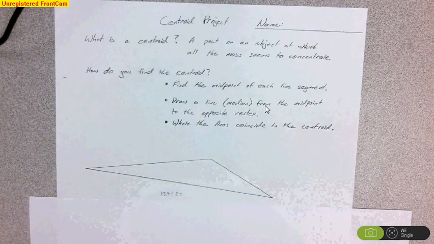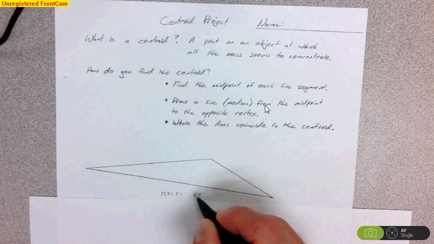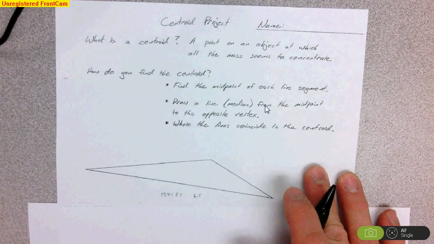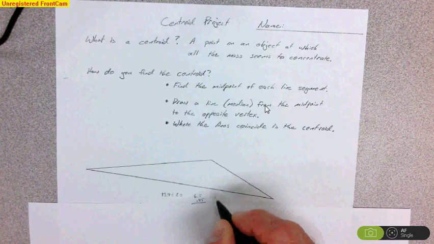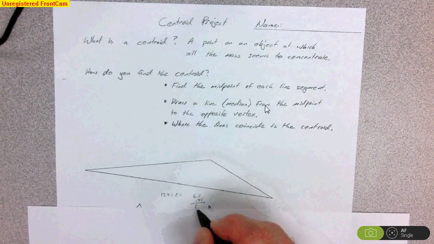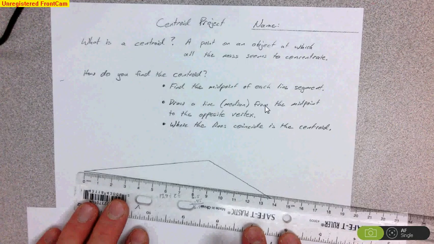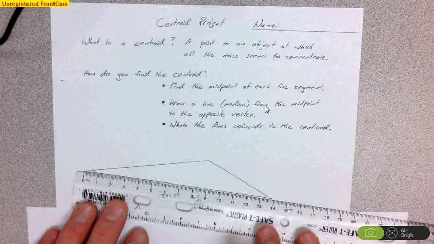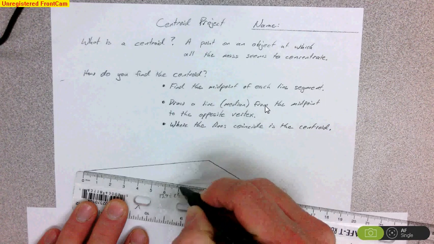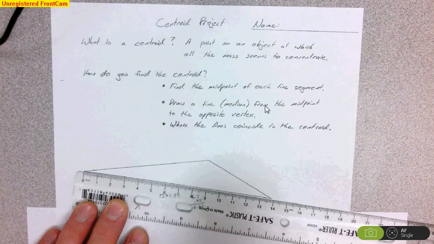Half of 13 is 6.5, and half of 0.9 is 0.45. If I add those two together, I get 6.95. So if I go over 6.95, 6 and 95/100ths of a centimeter, I'm going to put a little dash right there. That is the midpoint.